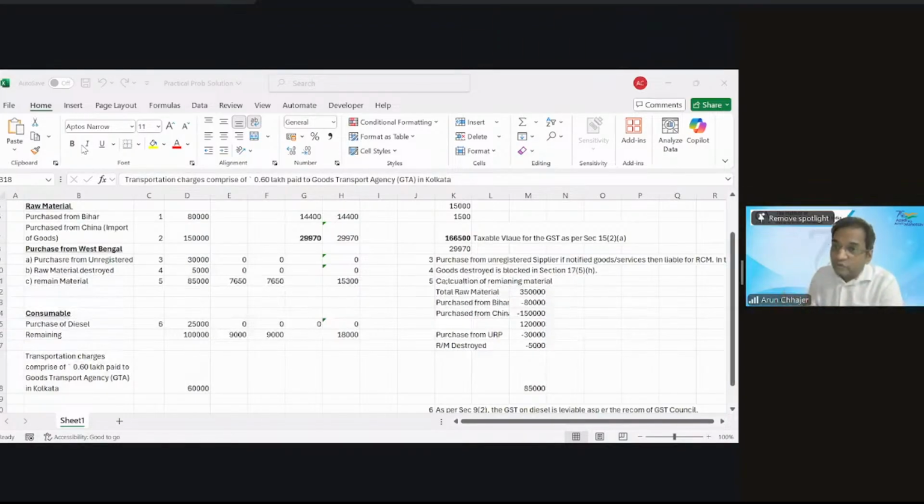But which tax will be paid will not be decided by the RCM chapter. It will be decided by the place of supply, correct?